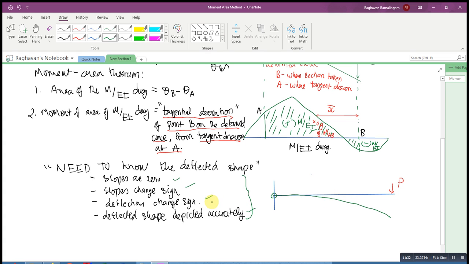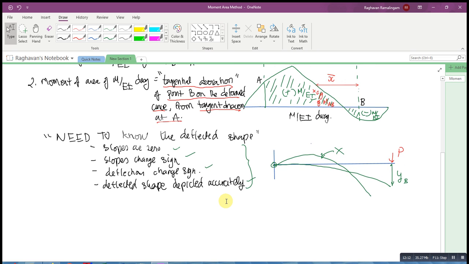Do deflections change sign anywhere? It doesn't. And I know that, so therefore, this is an accurate representation of the deflected shape. So I cannot draw a shape like this. I mean, it's obvious, anybody who looks at this beam knows that this is going to be the deflected shape and not this. But in certain cases, if there is a complicated loading and you do not know what the deflected shape is going to look like, you need to make it as close to the actual deflected shape as possible, or the moment area theorem will not work as you expect it to.